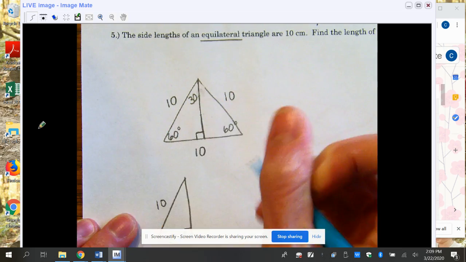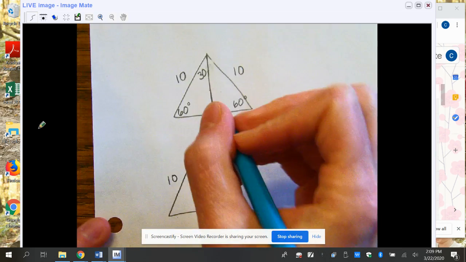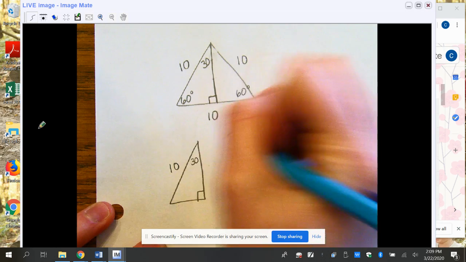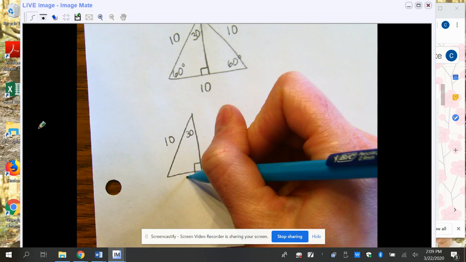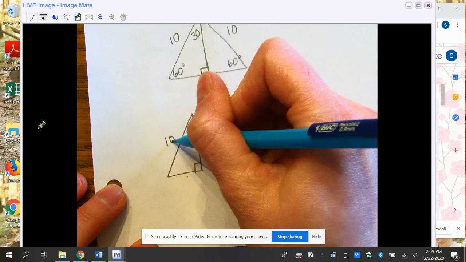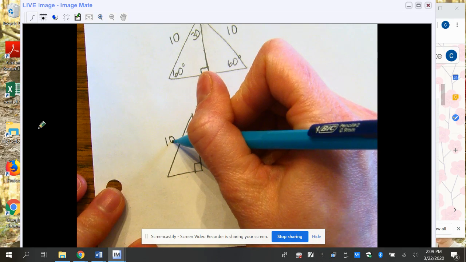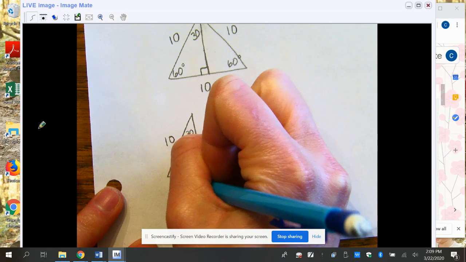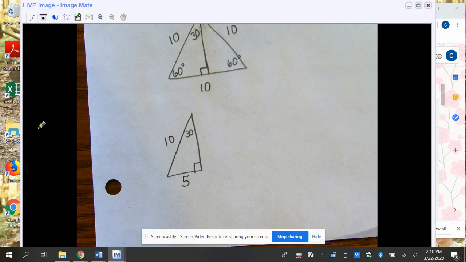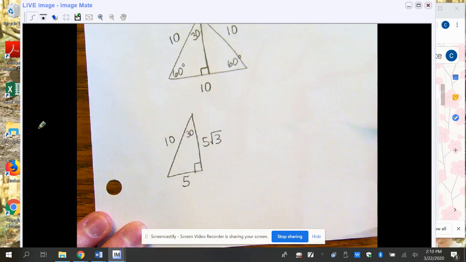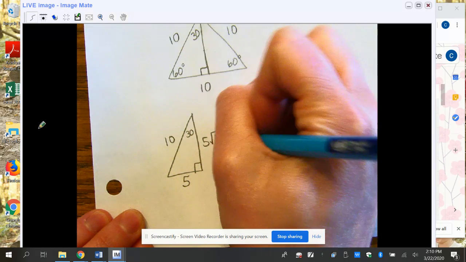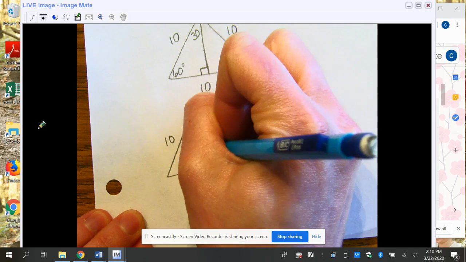This is what I'm looking for. So this is my 30-degree angle. That's going to make this my short side. That's across from the 90-degree angle, so that's the hypotenuse. So the short leg is always half of the hypotenuse, and then the long leg is always radical 3 times as long. So that's going to make the altitude 5 radical 3 centimeters.